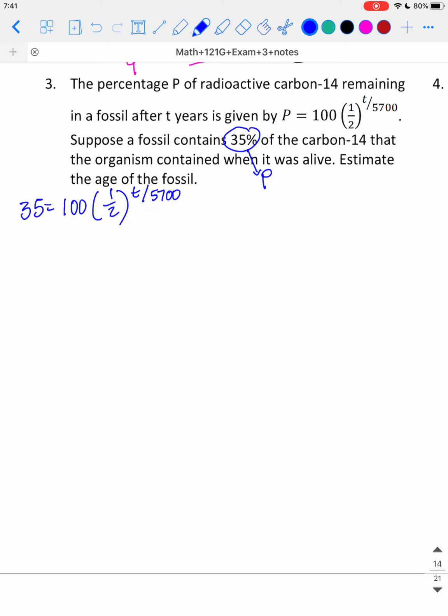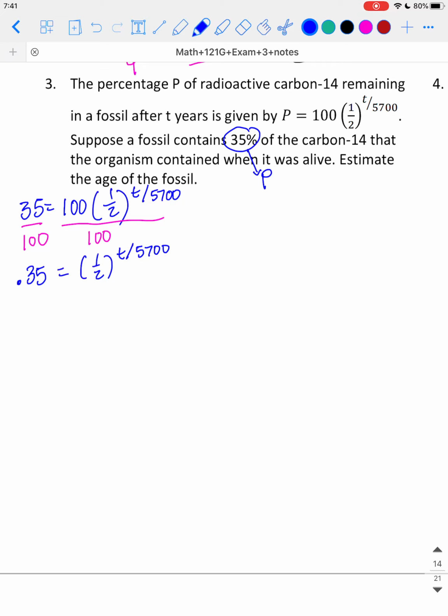So I need to isolate the exponent with the corresponding base, so the 100's gotta go. So 35 divided by 100 is 0.35, or 35 hundredths, is equal to 1/2 to the power of t divided by 5,700.